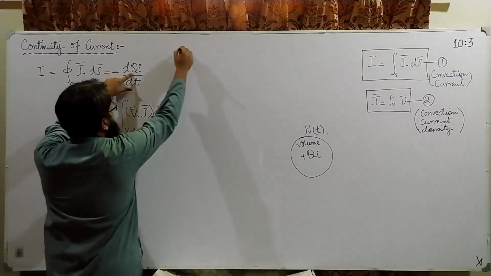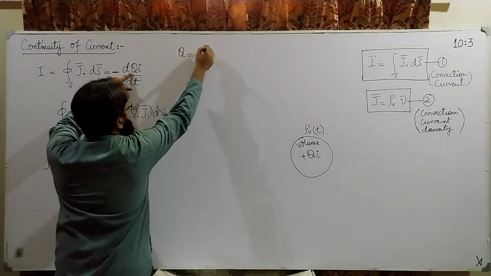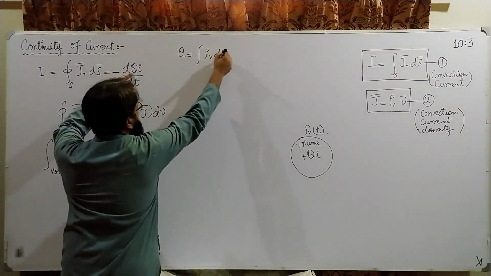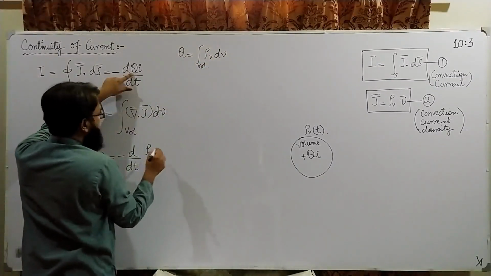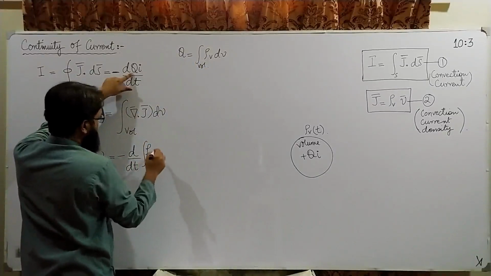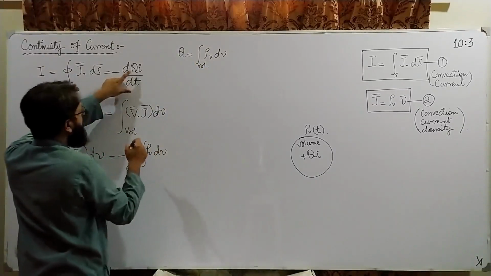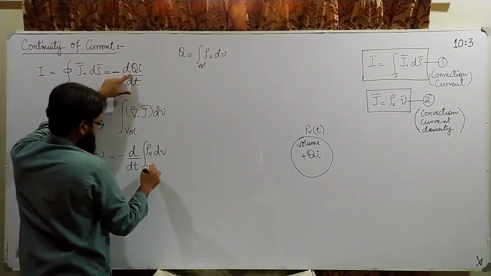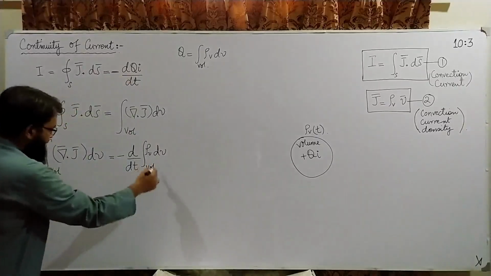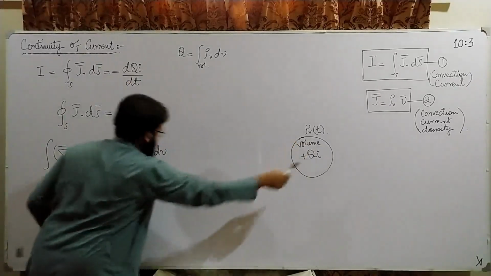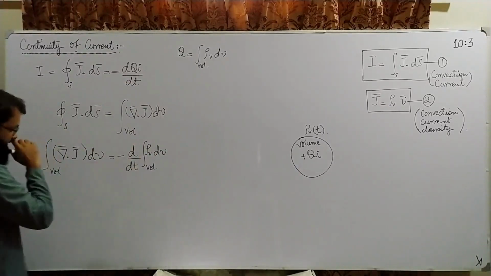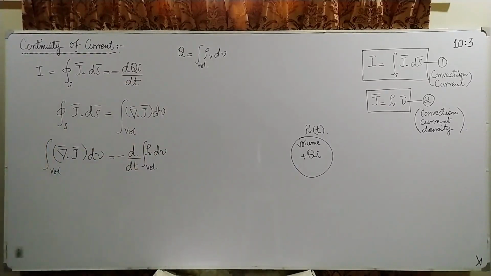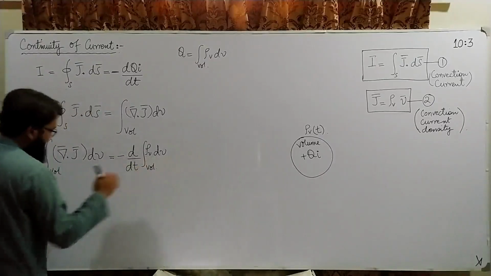We know that q is integral of rho v dv, volume, right? So instead of qi, I can write the integral of rho v dv over this volume, obviously. This volume is the same volume. Both sides have got the same volume integral over the same volume.